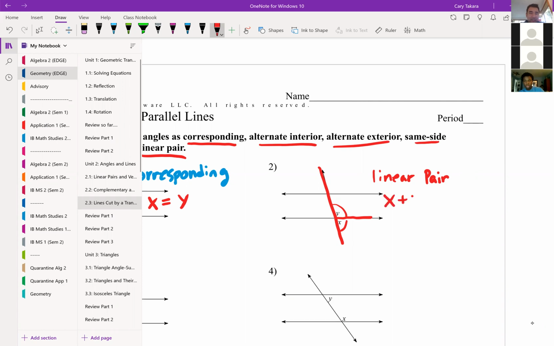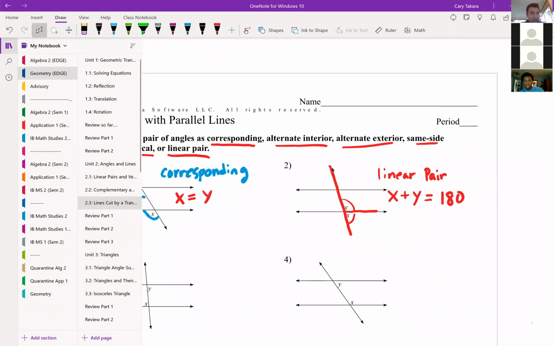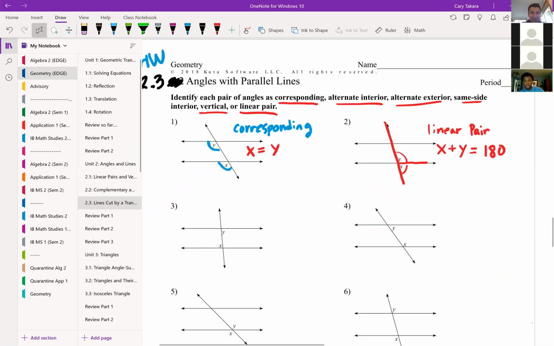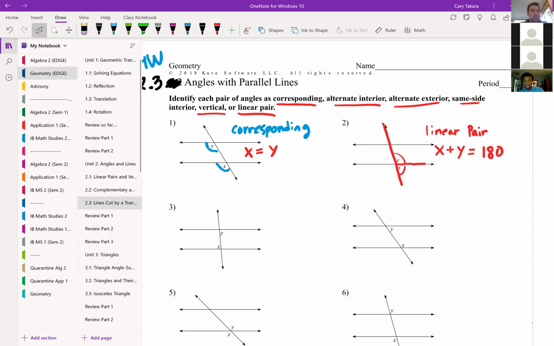X plus Y will be equal to 180. That's what a linear pair is. They're not equal to each other, but if you add them up, it becomes 180. You guys okay? Now you know what to do. How about number three?